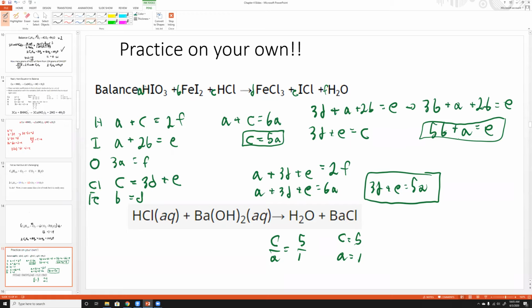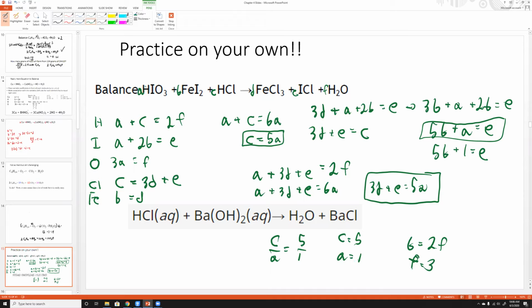You have A is 1, so 5B plus 1 equals E. Where can we go from here? Oh, we can find F. We know that A plus C is 2F. So 6 equals 2F. 6 divided by 2 is 3. F equals 3. Okay. So now we have C, A, and F.